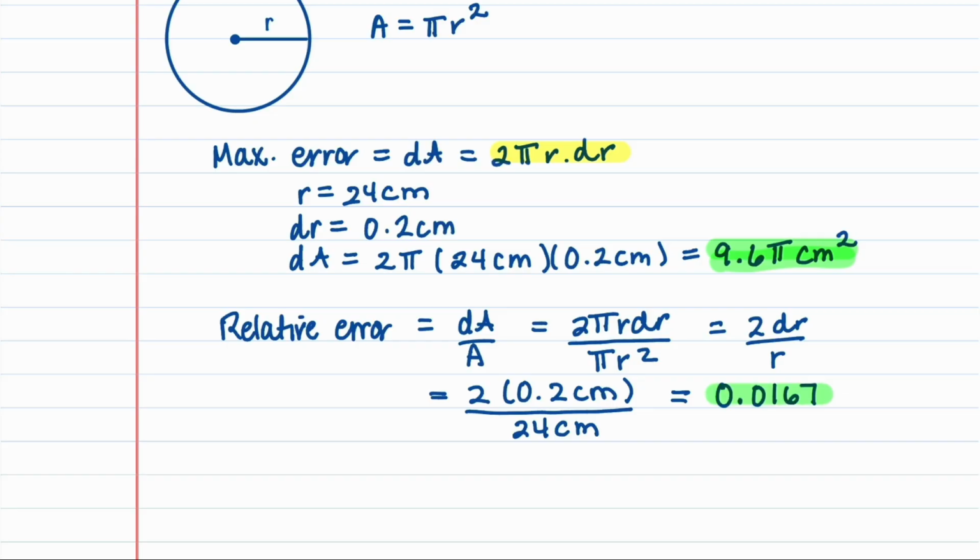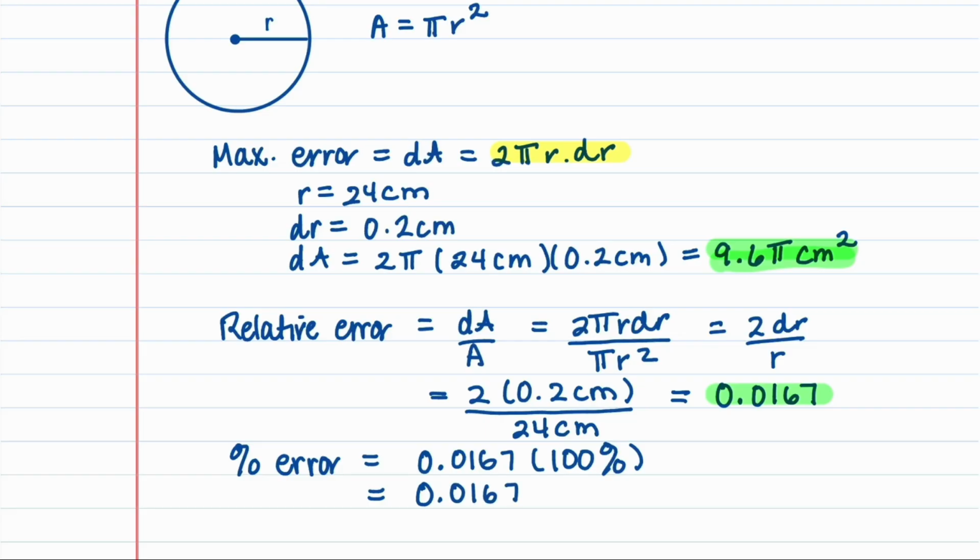The last thing that we need to calculate is the percentage error. So the percentage error is just our relative error, 0.0167 times 100%. So this is just 0.0167 times 100.